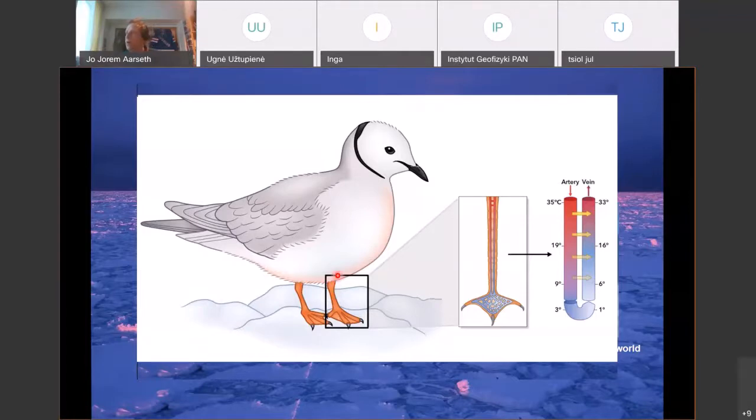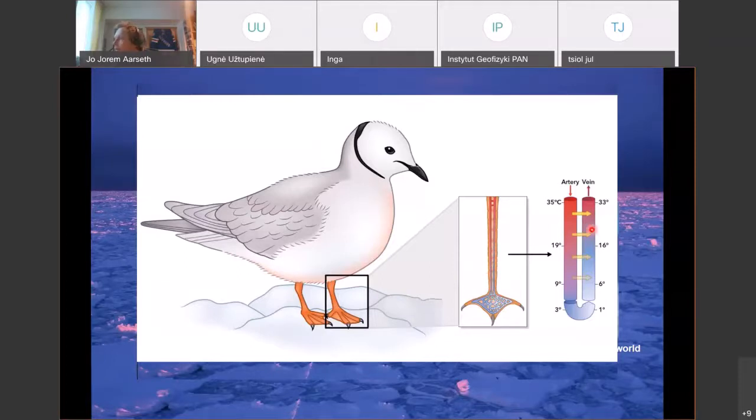And if you look at the bird and you go into the leg, you see that you have blood vessels going down to the leg to give the leg cells energy and oxygen, and to take away waste molecules and carbon dioxide. The vein, the vessel that takes the blood back to the body, is very close to the artery taking warm, energy-rich blood to the foot.